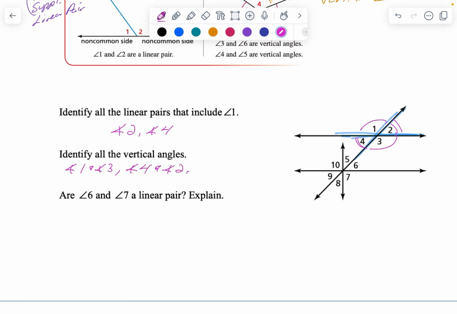And then now we look to the other picture. And in the other picture, 5 and 8 are across from each other. And so if we highlight those, you can see that better. So angle 5 and angle 8.